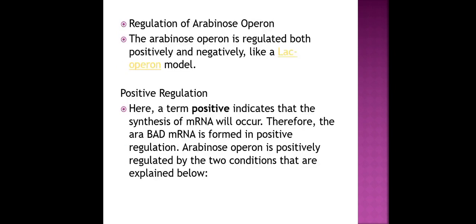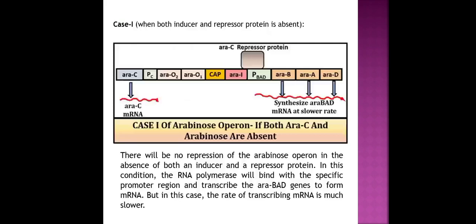The regulation of Arabinose operon. Majorly the Arabinose operon is regulated both positively and negatively, like that of the lactose operon. Now positive regulation means there is the enhancement of the transcription of the structural genes. Now whenever both inducer and repressor protein are absent, that is in case 1 of the Arabinose operon, if both araC and the Arabinose are absent, in that case there will be no repression of the Arabinose operon.